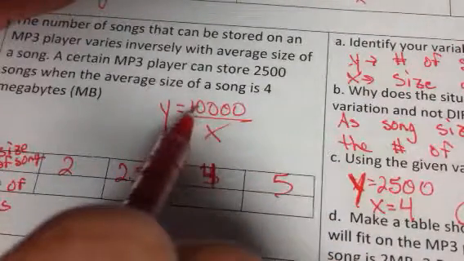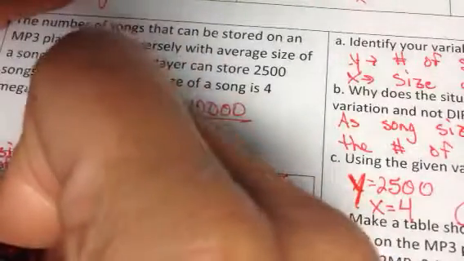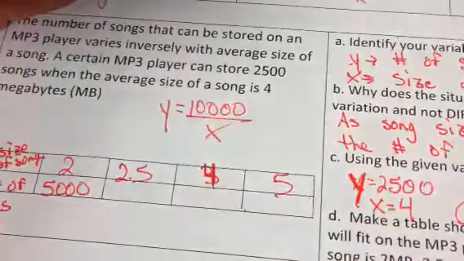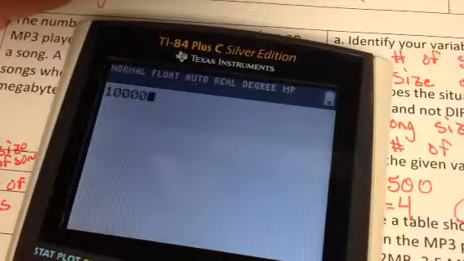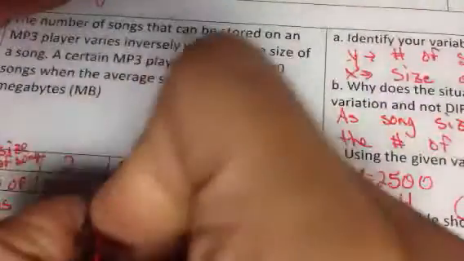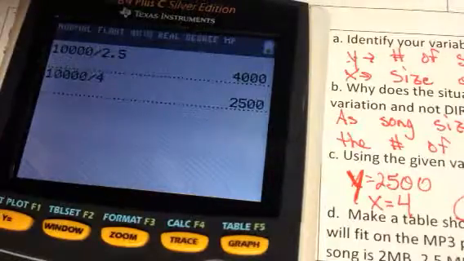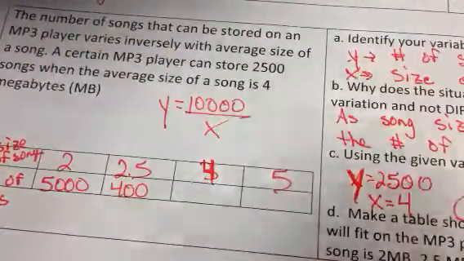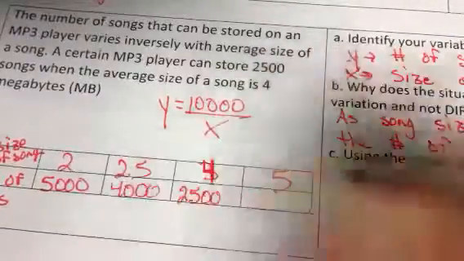So first, 10,000 divided by 2, I can hold 5,000 songs. Let's get our calculator for the rest. So 10,000, I divide it by 2.5, I can hold 4,000 songs. If I take 10,000 and I divide it by 4, each song is 4 megabytes, I can hold 2,500 songs.